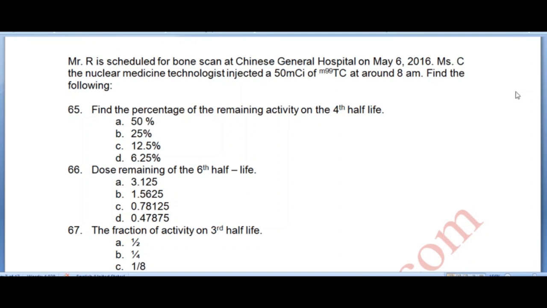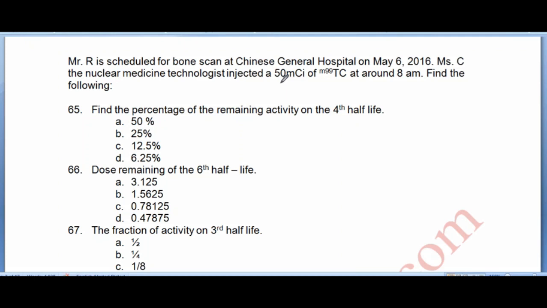If you can still remember, regardless of the given, whether it is 50 mCi or 100 mCi, our concern here is the percentage.